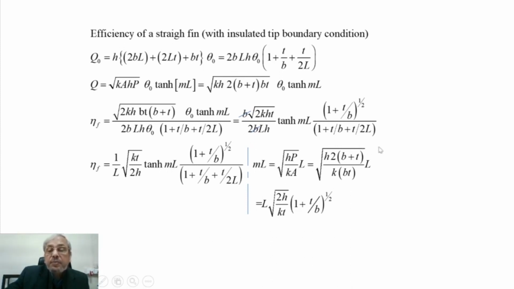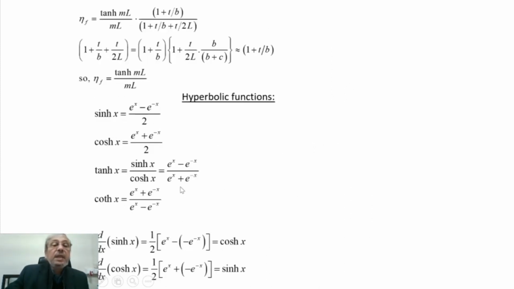I have given what is the expression for L, and finally ml, and then how does it look like, and exactly we get this term: ml equal to L into root over 2h by kt, 1 plus t by b to the power half. So this term, if we bring ml in the denominator, this 2h divided by root over kt will come here, and this will go here, and we'll get basically this term.